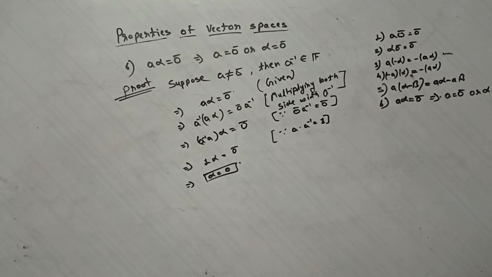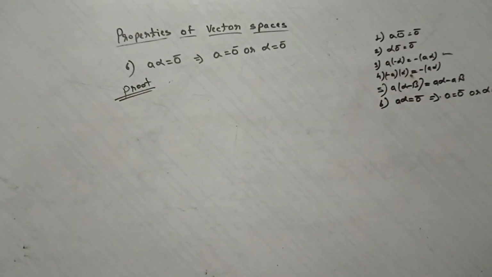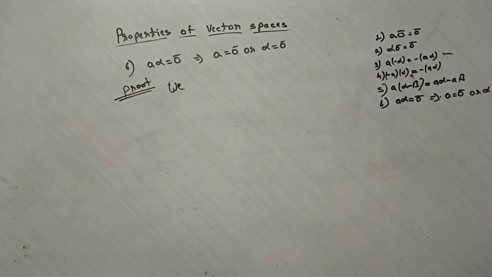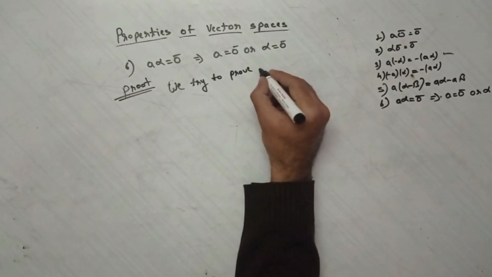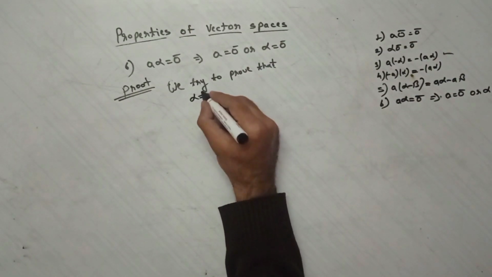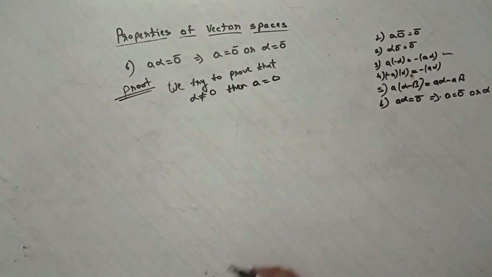Now we are proving just the opposite of that: if alpha is not equal to 0, then a equals 0. We prove this by contradiction.